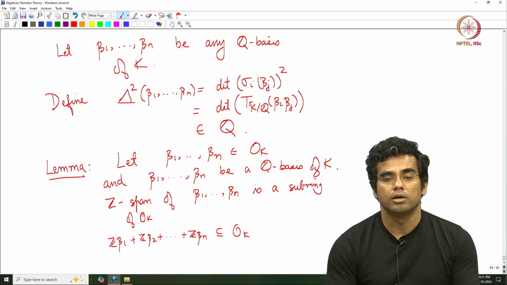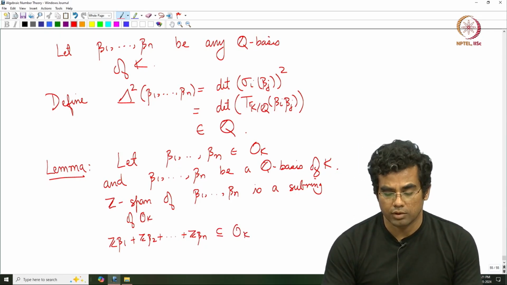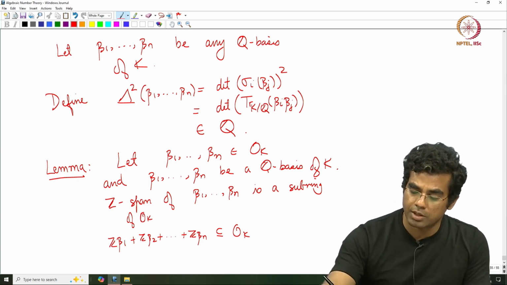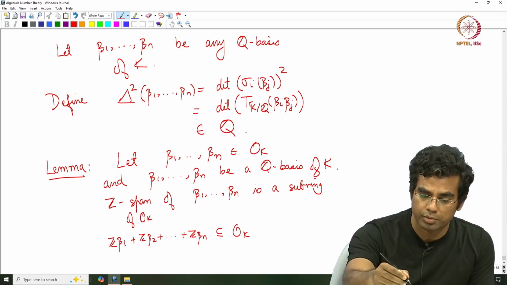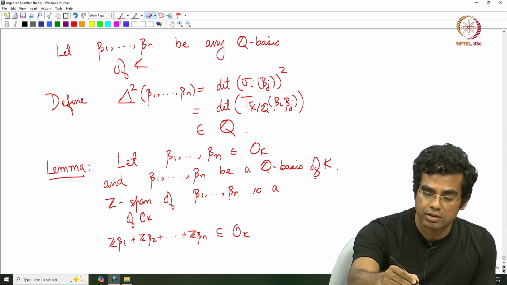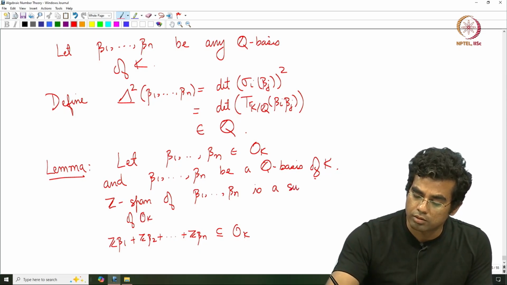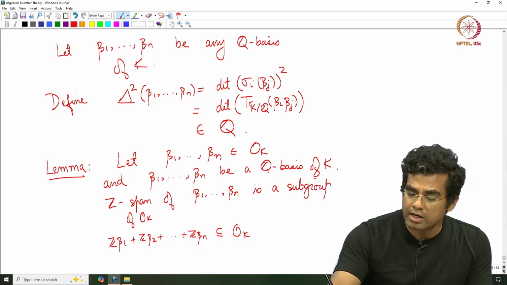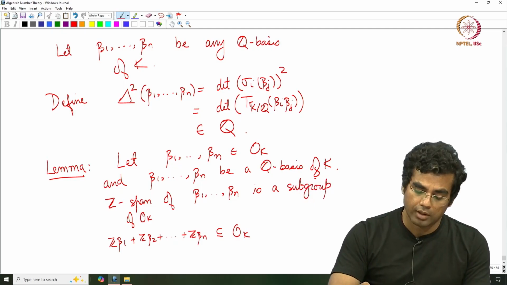It is a subring. Okay, so subring, well, let me just say subgroup, because ring you may require one to be there, is a subgroup. So, it is an additive subgroup of OK, all right.